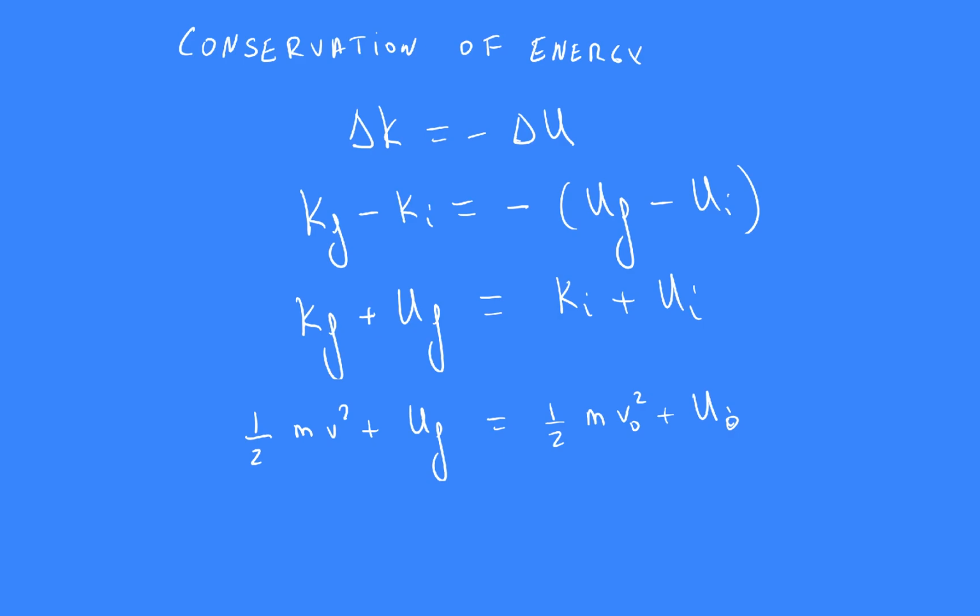The energy that we study is mechanical energy. That means potential energy related to gravitational force or to spring forces. We'll see later how to obtain the potential energy of a force.